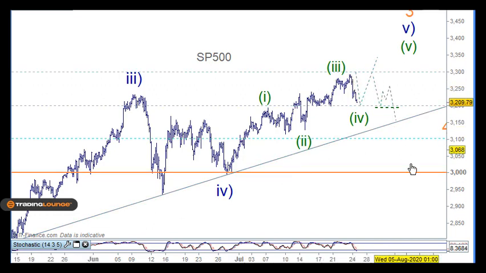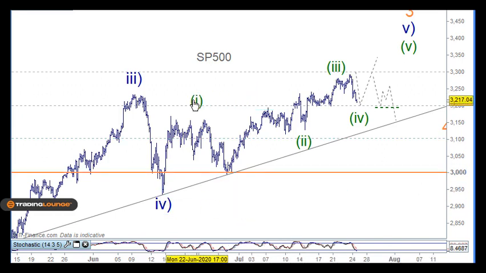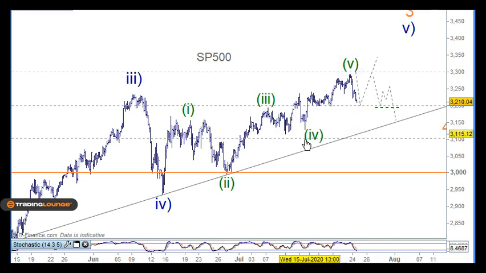If this market was going to continue all the way down here, then we would look at this as 1 and 2 here, 3 here, 5 here and 4 here, and that would leave 1 and 2 here and 3, sideways for 4 to here, and then 1, 2, 3, 4, 5 finishing off in here. So it doesn't really matter which way the market goes as long as we're on the right side at the right time.